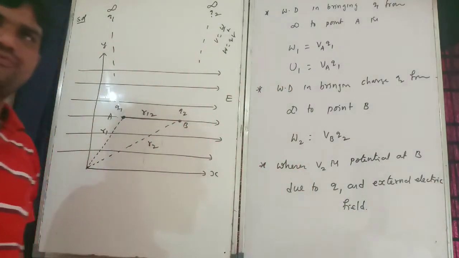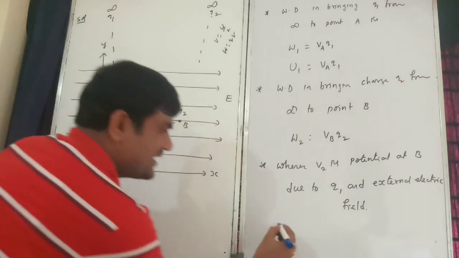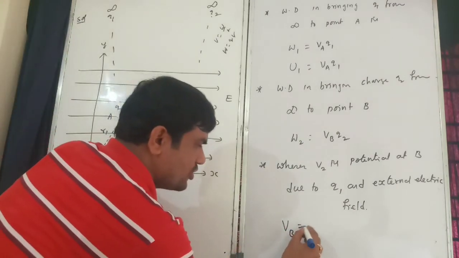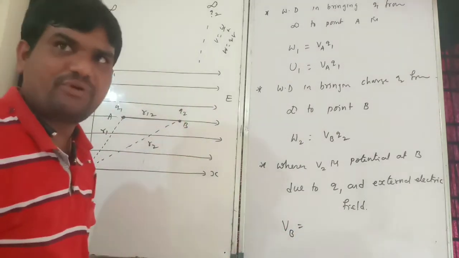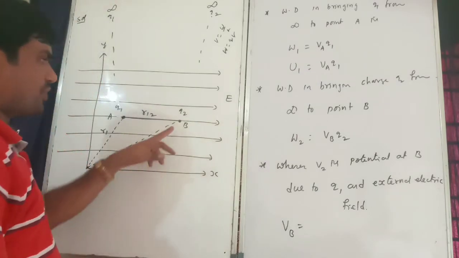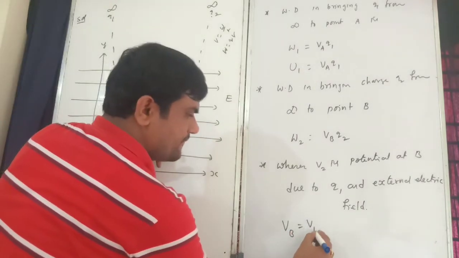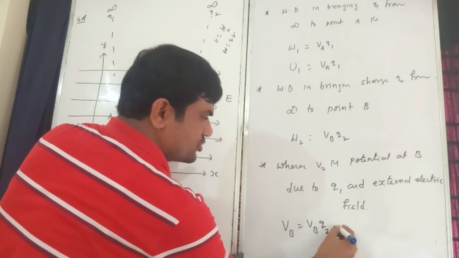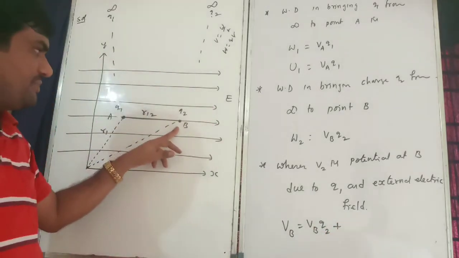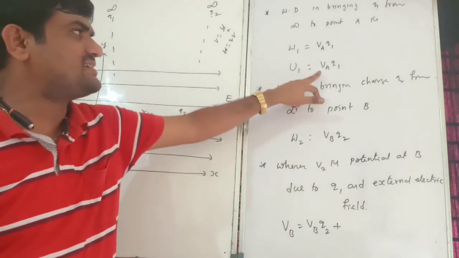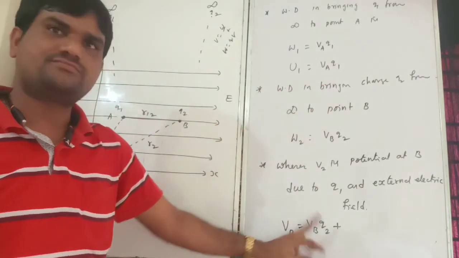External electric field, both will be there. So that VB is equal to, so potential VB into Q2, same like that only, like VA into Q1.